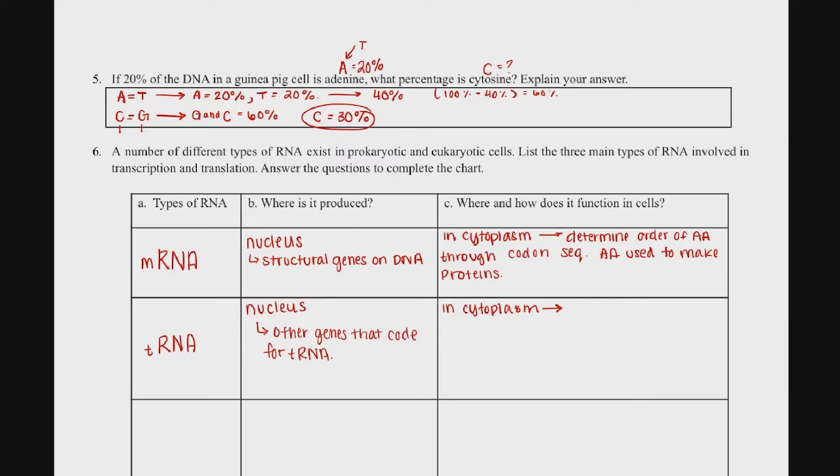And tRNA combines with a specific amino acid through complementary base pairing of tRNA with the codon, and they have A, P, and E sites, and so the ribosome brings the correct amino acid into the position, and it grows the polypeptide chain. So tRNA is responsible for creating the polypeptide chain.